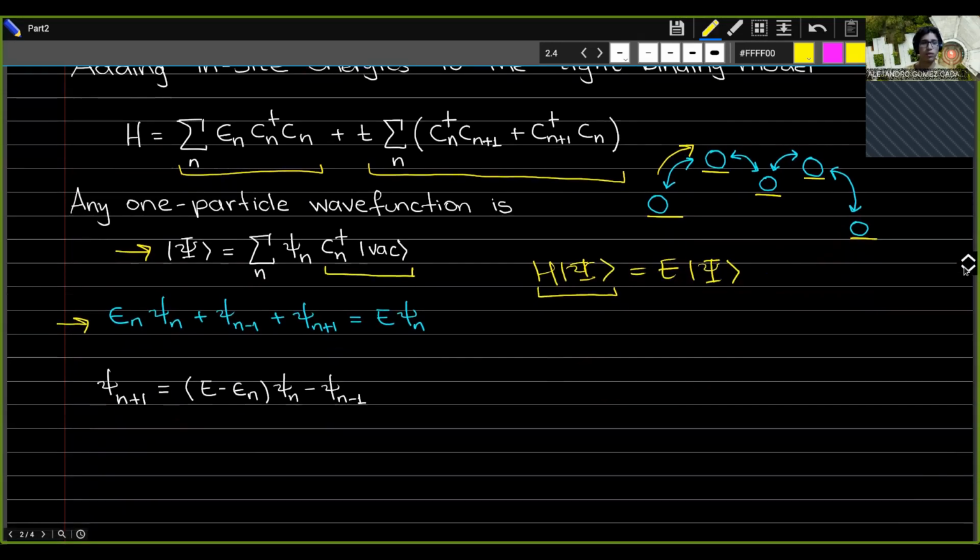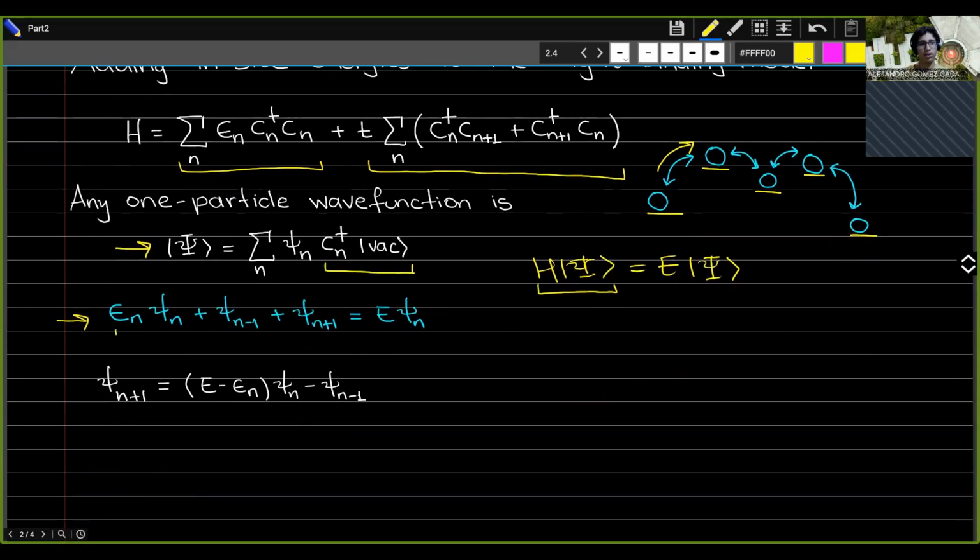Now we can write this expression, which has here the term associated to the site energies, and in the right hand side we have the energy of the system, and here are the probabilities or the coefficients of the neighboring sites. So we can write this relation in this way.